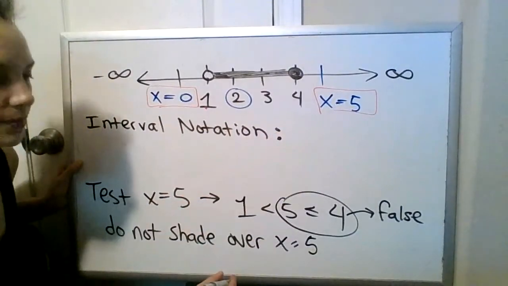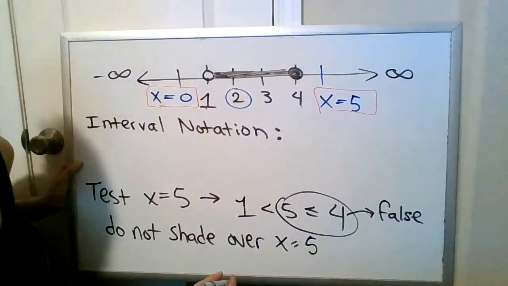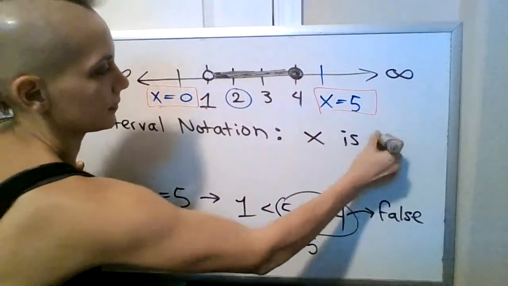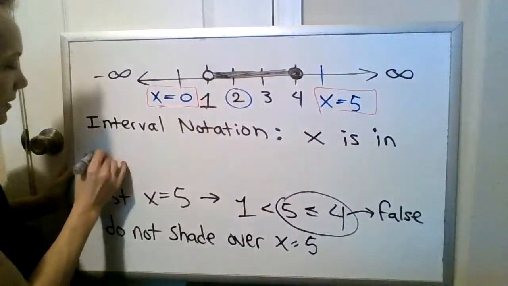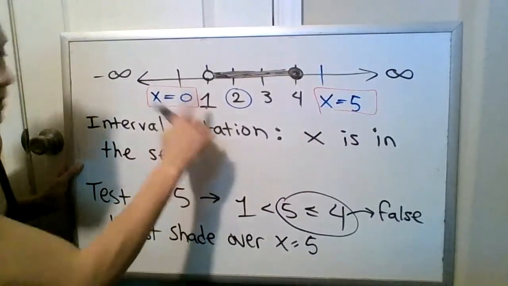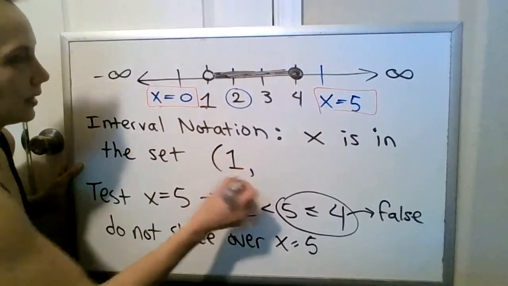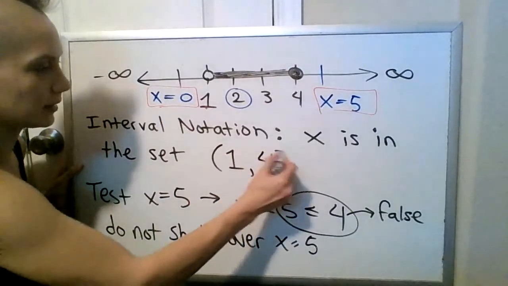To make it clear, you would say x is in the set, any number in the set that starts at 1 and does not include 1, goes over to 4 and does include 4 with a square bracket.